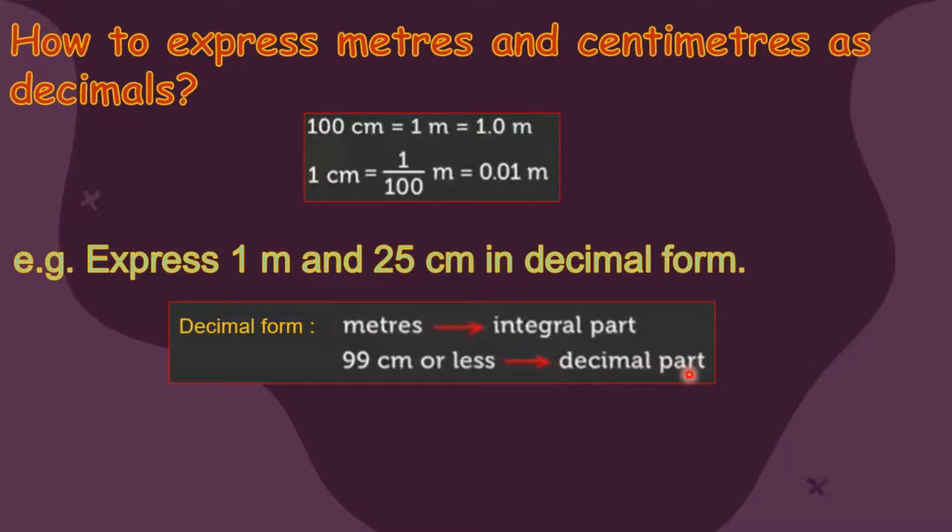So 1 meter and 25 centimeter can be written with the meter part, 1, before the decimal, and 25 centimeter as the decimal part after the decimal point. So the answer is 1.25 meters.